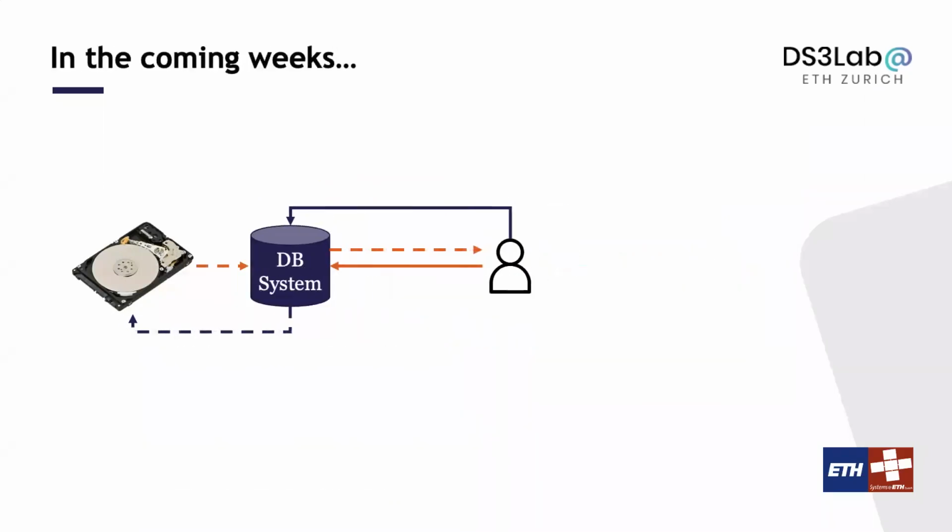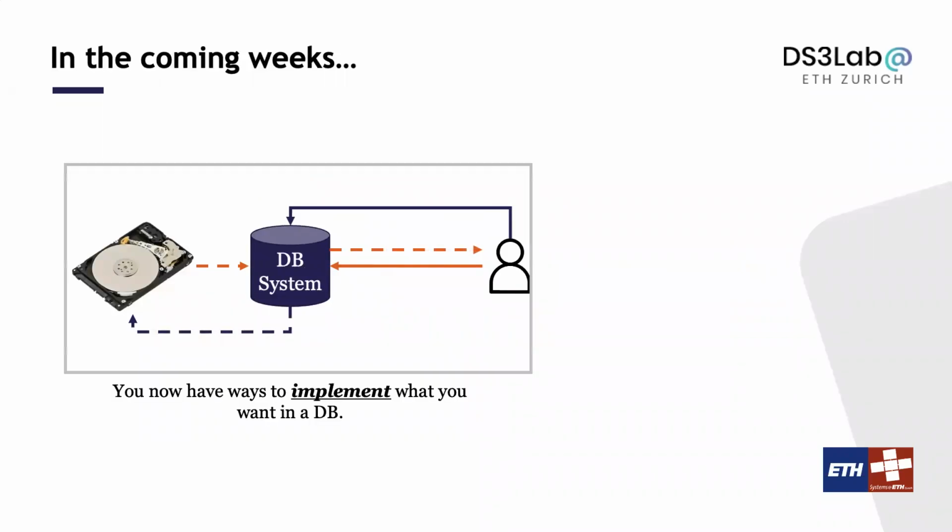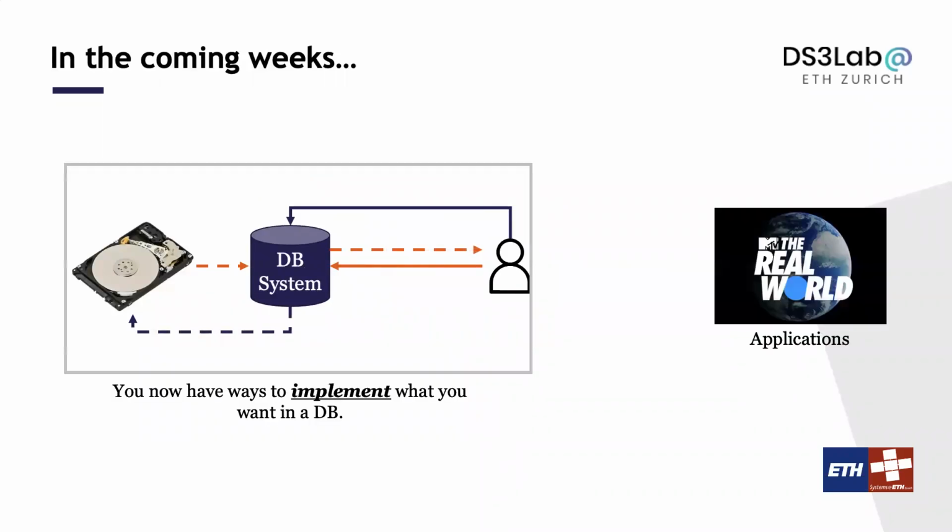Starting from last lecture, we switched gears a little bit. Instead of talking about how to query a database system as a user, we talk about how to build real world applications. Now you as a user know how to interact with the database system.